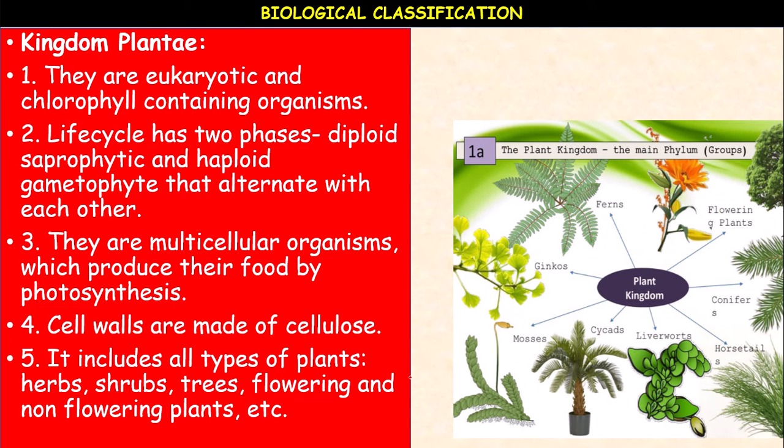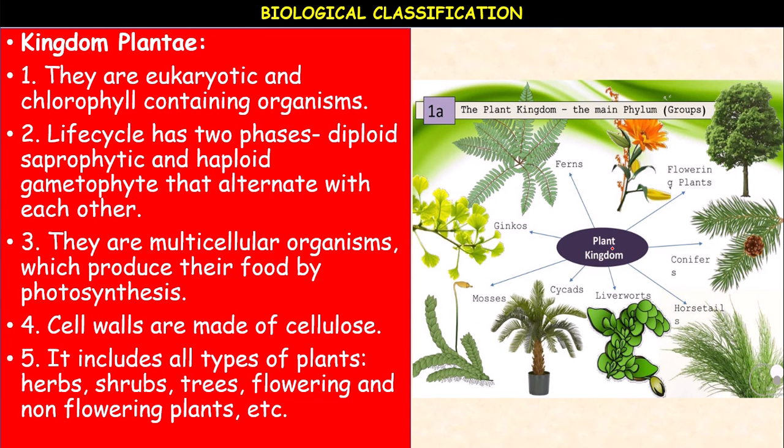So, here you can see the plant kingdom. Ferns are non-flowering pteridophytes, flowering plants are angiosperms, and the conifers mean gymnosperms. Horsetail, liverworts and mosses, they are bryophytes. Ginkgos, cycads, these are all bryophytes. These are the different types of groups of plants.